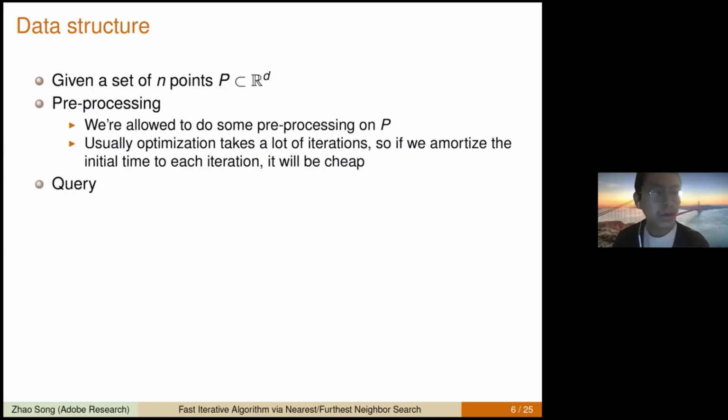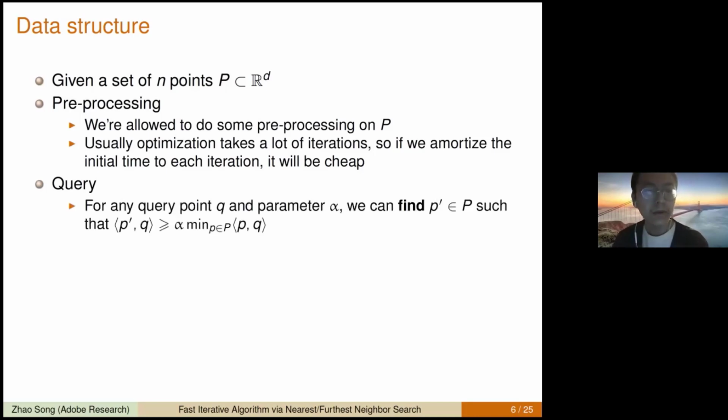The next question is, what are the queries we need to solve our problem? Here is one possible query, which is very standard in the nearest neighbor search literature. For any query point Q, and some parameter alpha between 0 and 1, we can find a P prime in P such that the inner product of P prime with Q is at least alpha times the best inner product of P and Q.